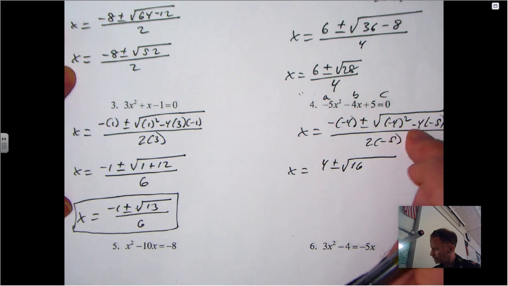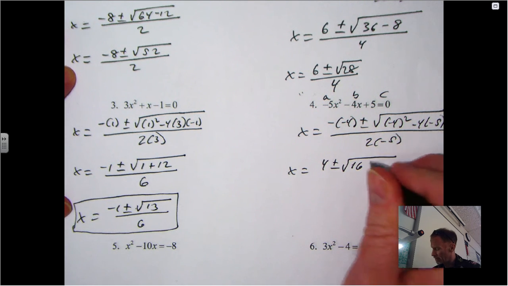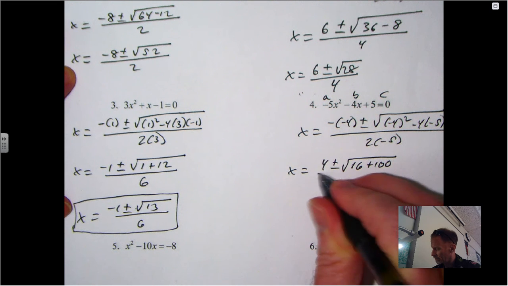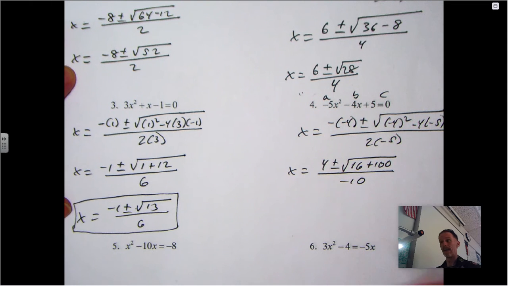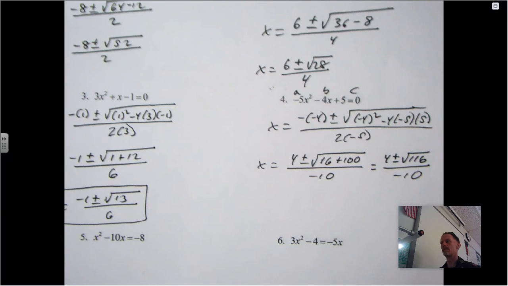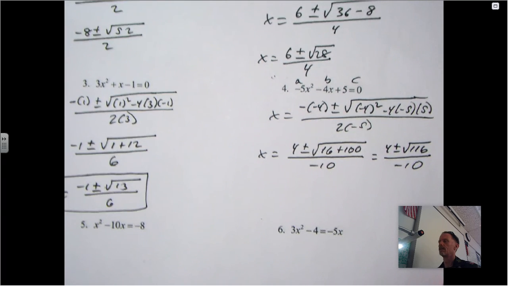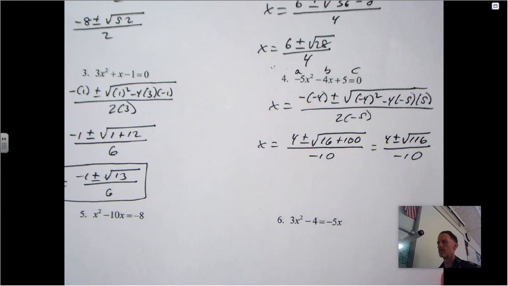And again, negative 4 times negative 5 is positive 20, times another 5 is 100. All over negative 10. Can be simplified. I'll write that over here. So 4 plus or minus root 116 over negative 10. And again, for our purposes in this video, that's going to be just fine. And I will do the simplification process a little bit later on.